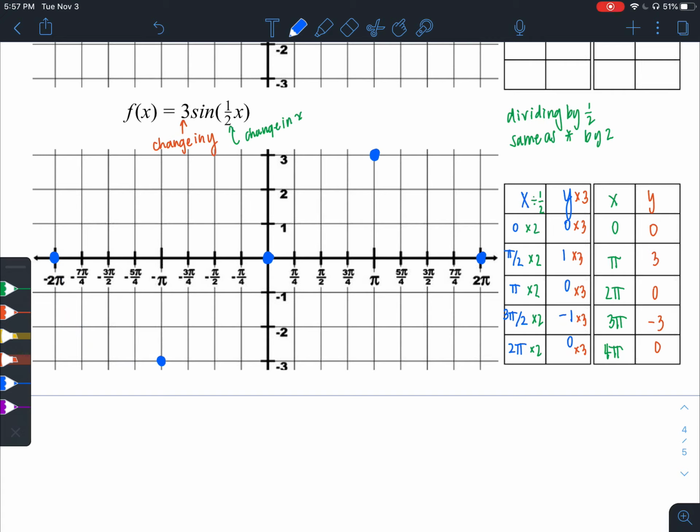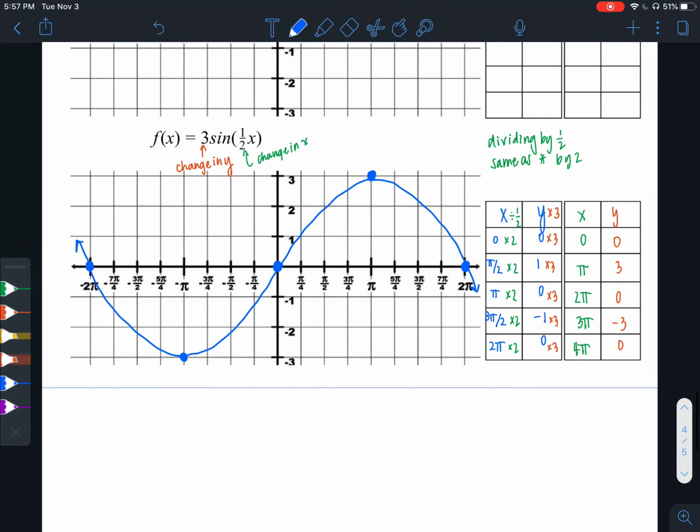Hopefully I can give you graphs that are big enough next time. All right, so that is what our graph looks like, and it does keep going. It starts here at 0, 0. If you look, it takes 4 pi to get through one whole period, and it's 3 times as tall.